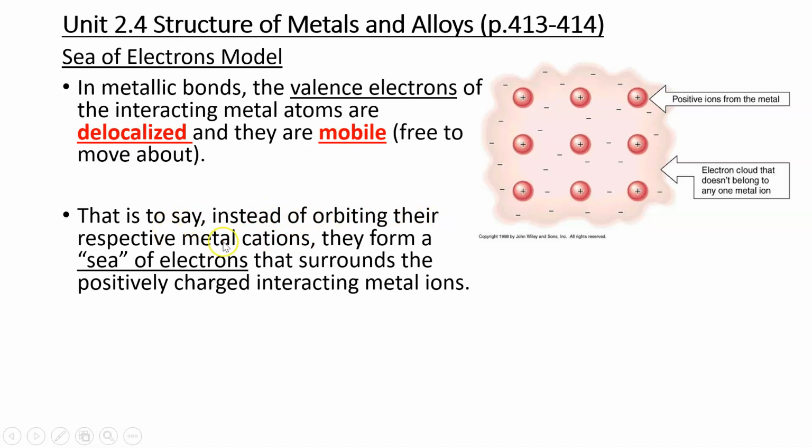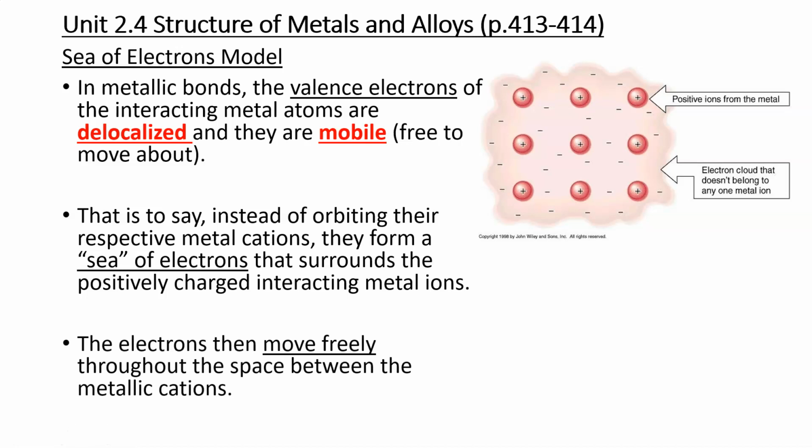Instead of orbiting their respective metal cations, instead of just orbiting one, they form a sea of electrons that surrounds the positively charged interacting metal ions, so they can flow all the way throughout the network of metal atoms, metal cations. The electrons then move freely throughout the space between the metallic cations.